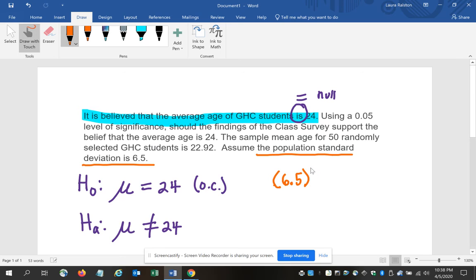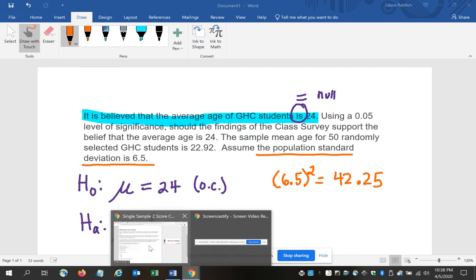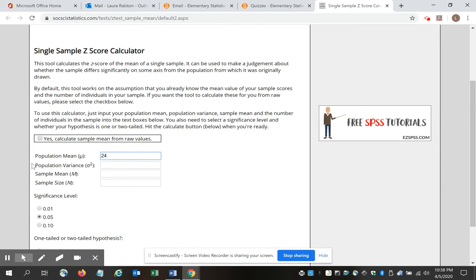To get the variance, you have to square it. So you need to do 6.5 squared. So 6.5 squared is 42.25. Okay, that's the value that should be entered into the website, because it asks for the population variance.